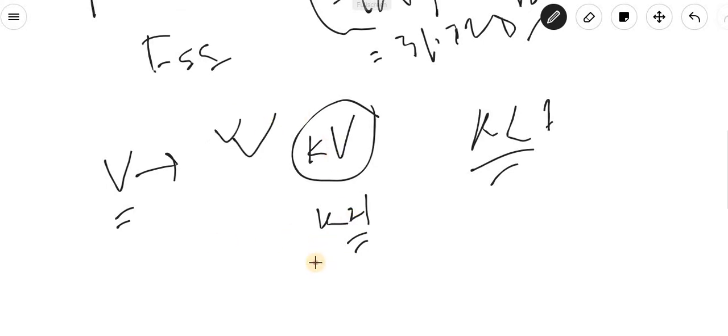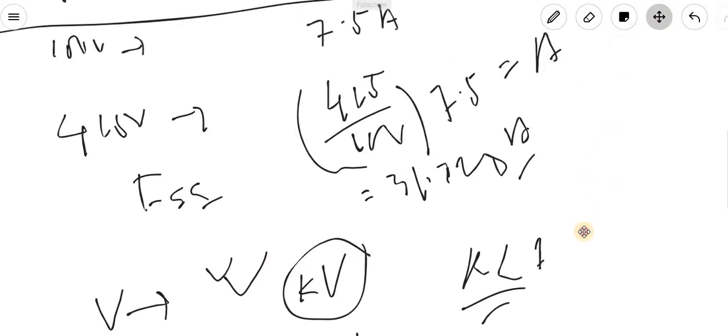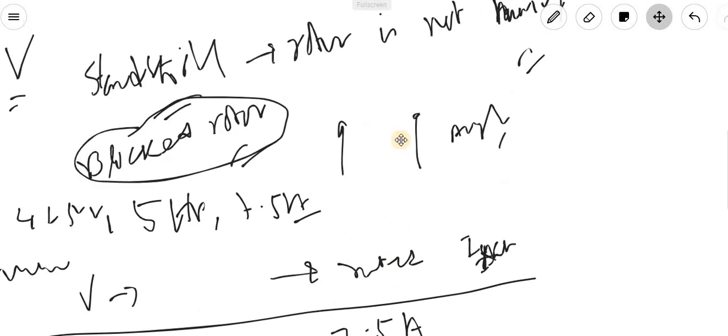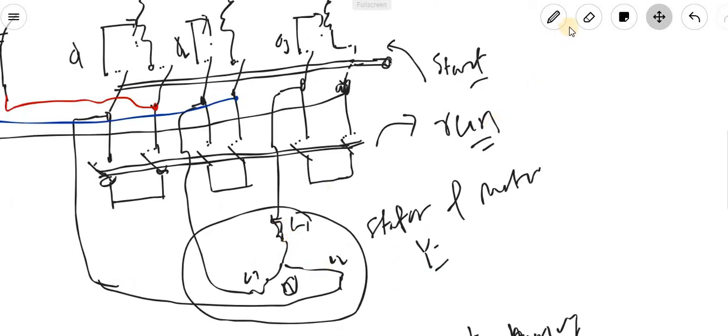If k is 0.5, then 50% voltage will be applied across this terminal. Then what would happen? For this voltage also the current will proportionally reduce.